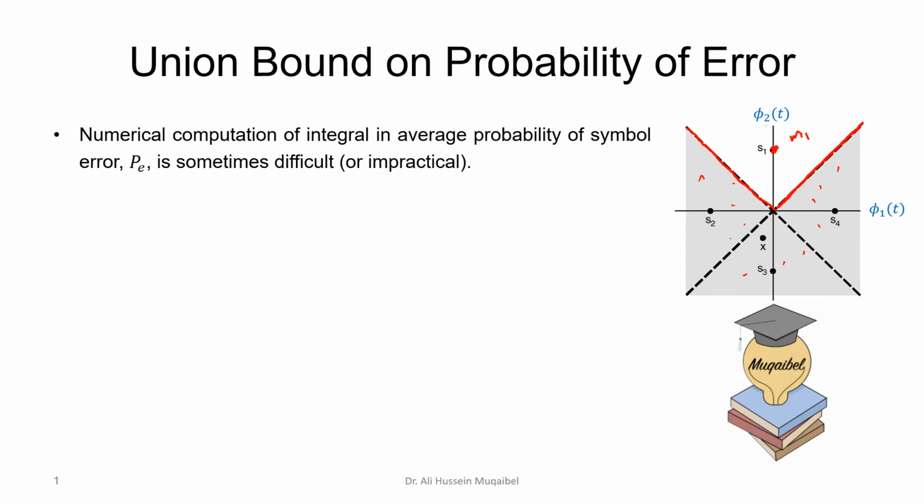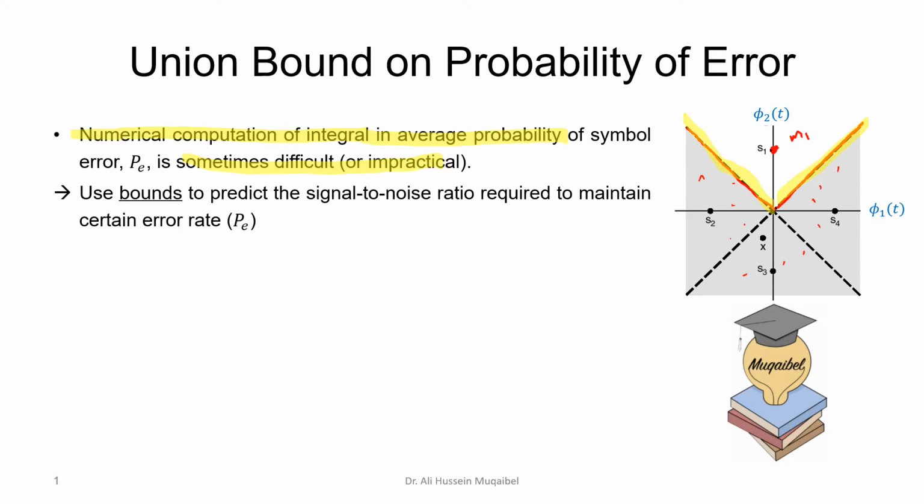The numerical computation of the integral of the average probability of error of the symbol that we transmit is sometimes difficult. In this example, maybe we can easily distinguish the region to some extent, but it's not always possible to do that. And sometimes it is doable, but it's not practical. So to avoid going into mathematical complexity, we use bounds.